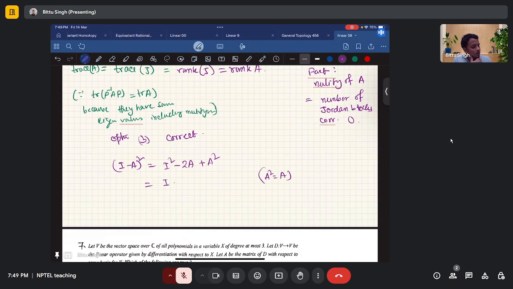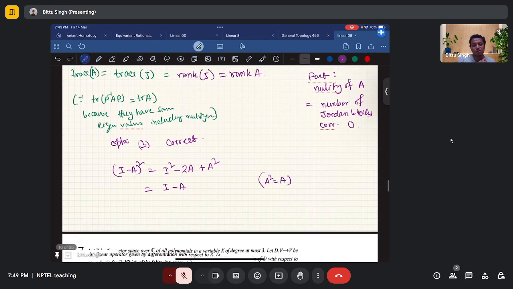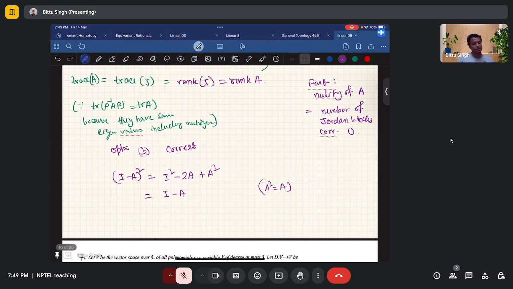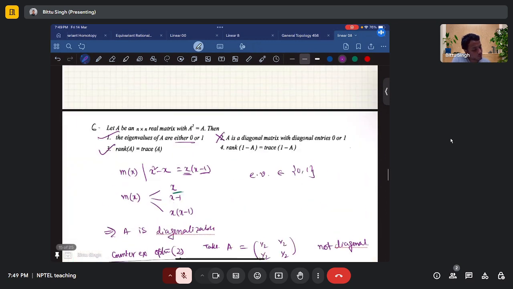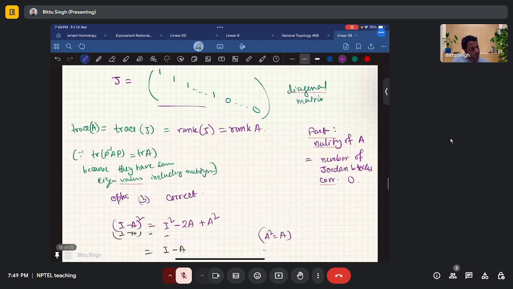Therefore, this is the same as I minus 2A plus A, which is I minus A. Therefore, I minus A also satisfies the criteria; those are called projection matrices. So I minus A is also a projection. Therefore, rank of I minus A is the same as trace of I minus A. This is true. So those are the correct options.